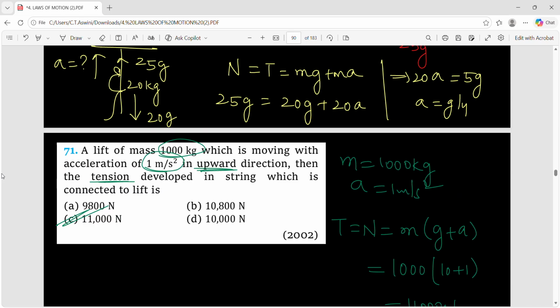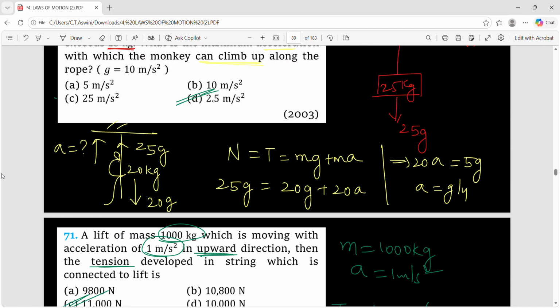So this is what we have for today. I hope you have understood today's class. Very easy. See, you can see how many questions are there from this topic. Apparent weight is important. And if you see all the PYQs, they are almost based on one formula: N is equal to mg plus ma. That means in all the PYQs, they considered the lift moving upwards.